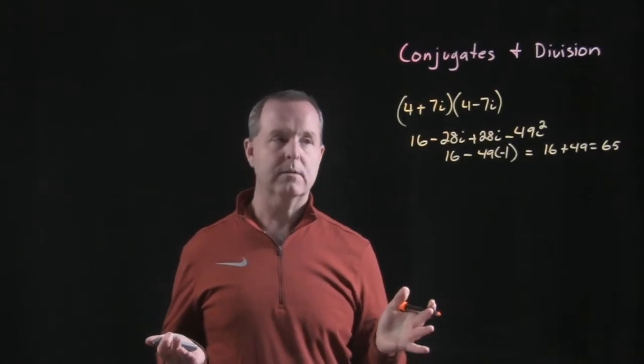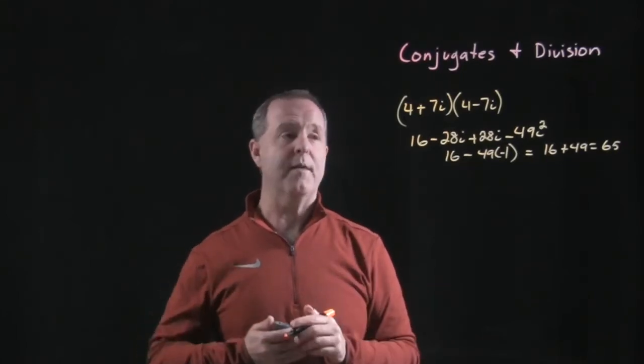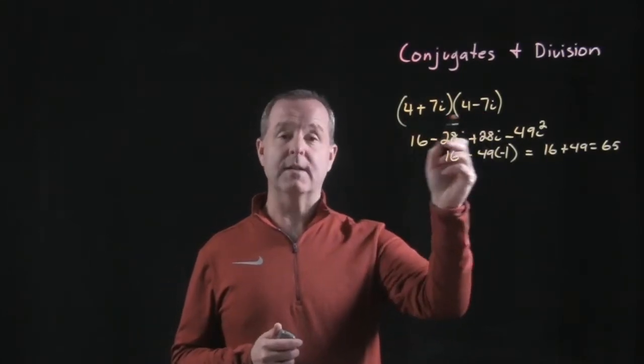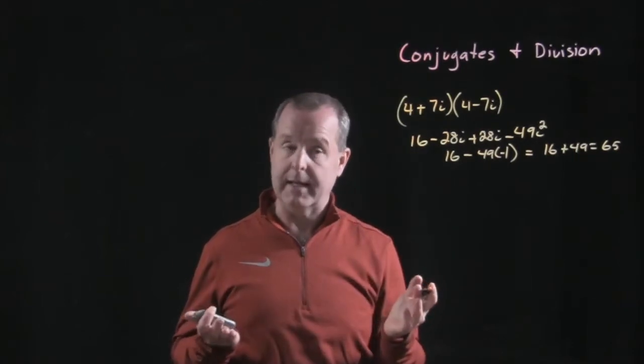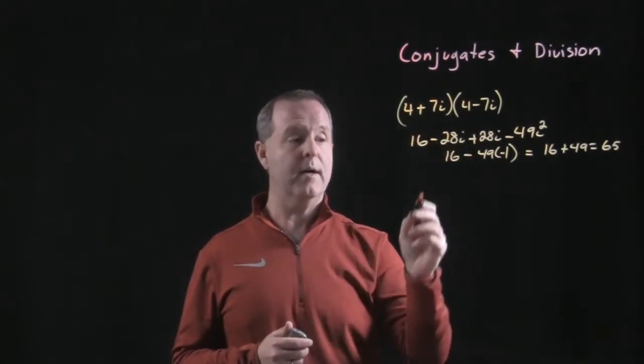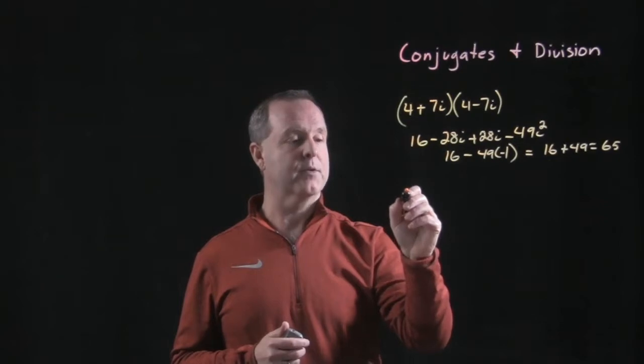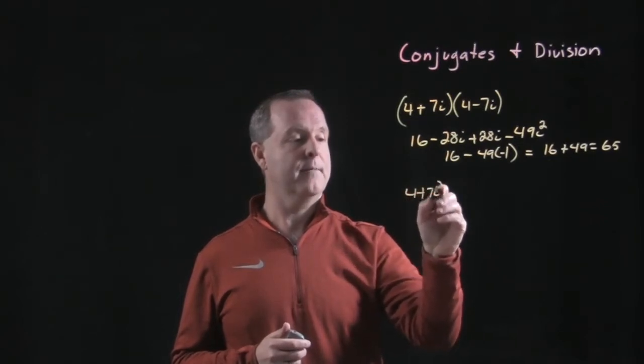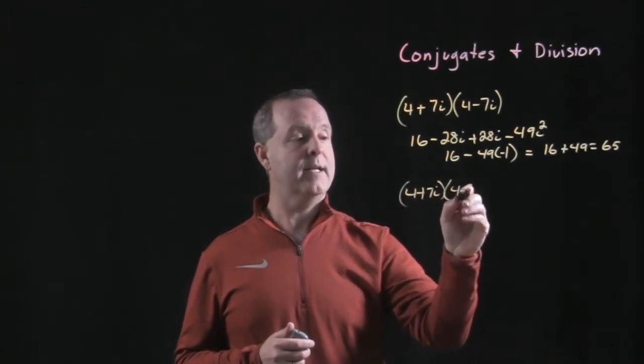So we can FOIL it out, or if you recognize an easier way, you recognize that these are a difference of two squares, essentially. So first term squared, which let me rewrite: 4 plus 7i times 4 minus 7i.